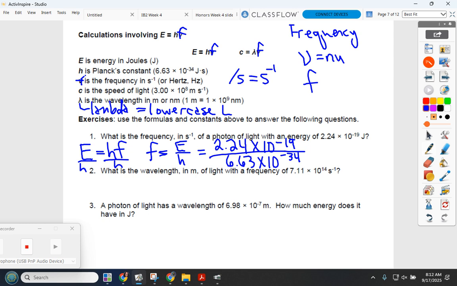When I have something that is times 10 to the negative 19th or times 10 to the negative 34th, what can we say about those numbers? Are they big, small, really big, really small? Which one? Really small, right? Negative exponent means it's a very, very small number. The big negative number means it's very, very, very small, okay?